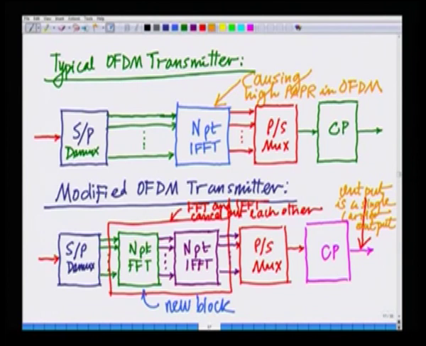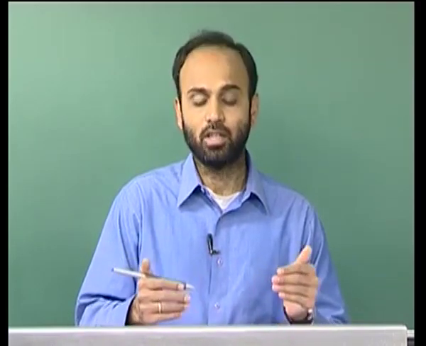Hence, I want to introduce an FFT block before this IFFT. However, I do not want to do an N point FFT, because that will go back to the single carrier system and intersymbol interference. I want to do something in between the single carrier system and OFDM.